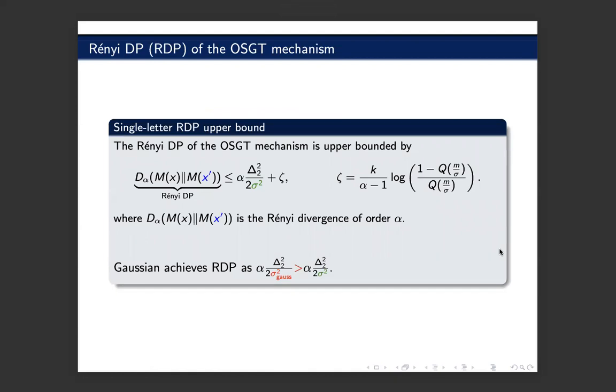One other way to measure the privacy performance of a mechanism is through the Rényi divergence. Very broadly speaking, the Rényi divergence between two mechanisms at X and X dash measures how different they are, without trying to add this kind of artificial delta value.